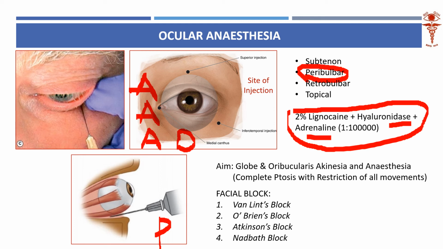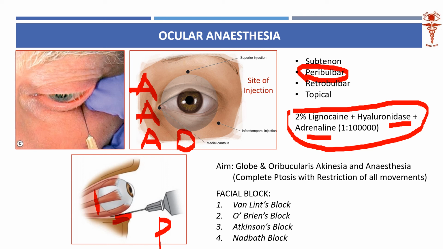The needle is injected into the peribulbar space. Remember, this inside the muscle cone is the retrobulbar space, and this is the peribulbar space.